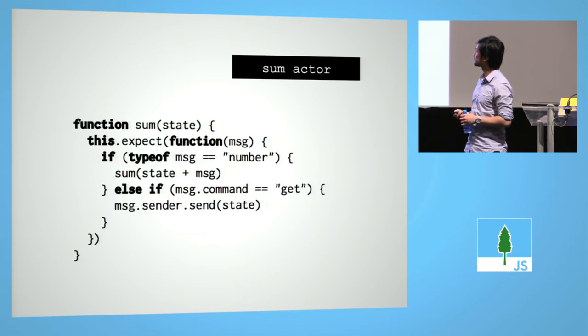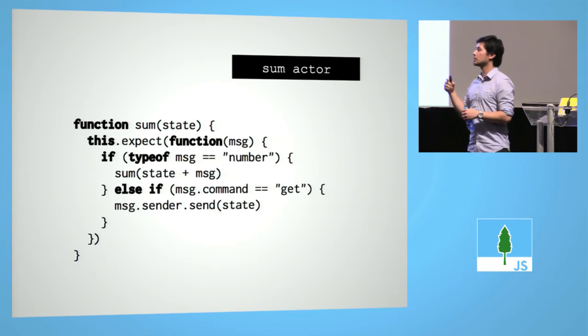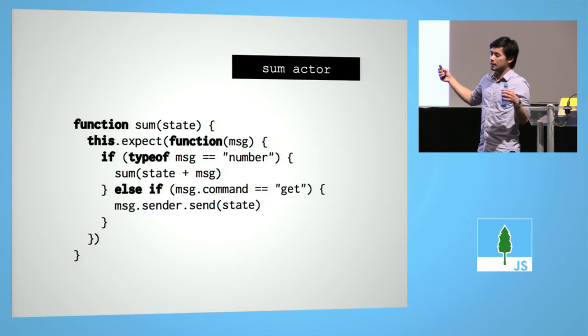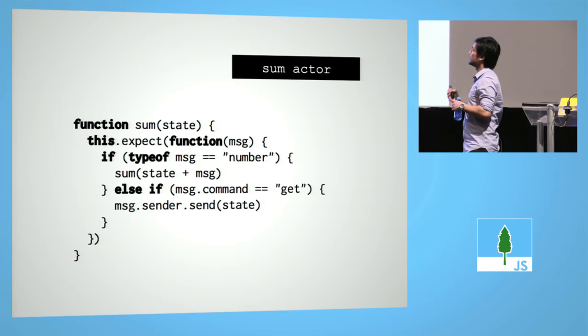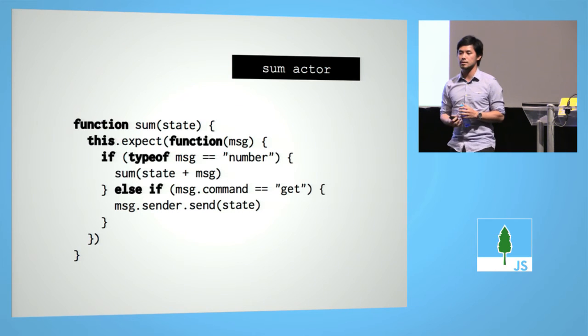It's pretty clear. So imagine an actor that sums things, starting with an initial state, let's say 0. Any message that gets sent to it, it takes its state and adds that message if it's a number. I put in another command here, get, so that another process could examine the internal state of this actor.